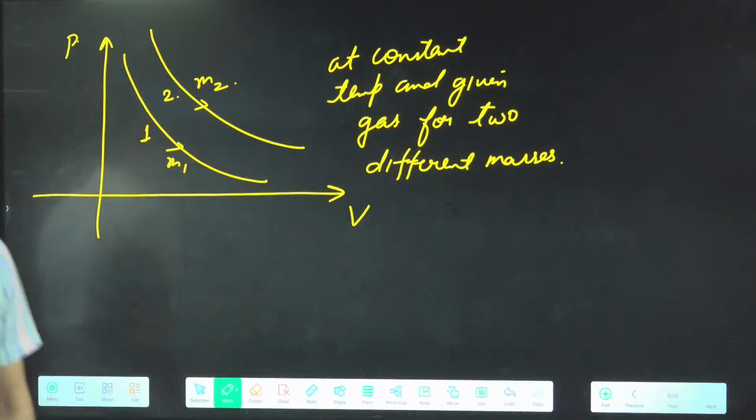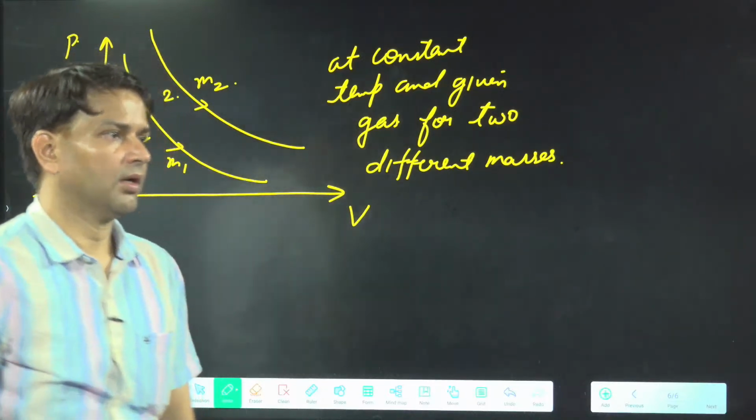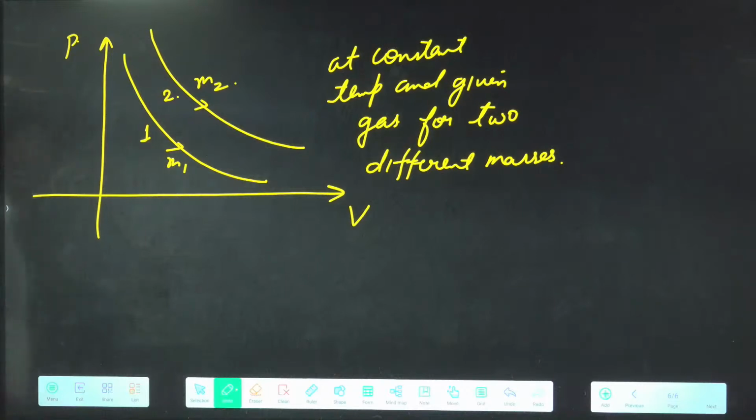What is the relation between M1 and M2? Means M1 is greater than M2 or M2 is greater than M1. What is the relation between M1 and M2?